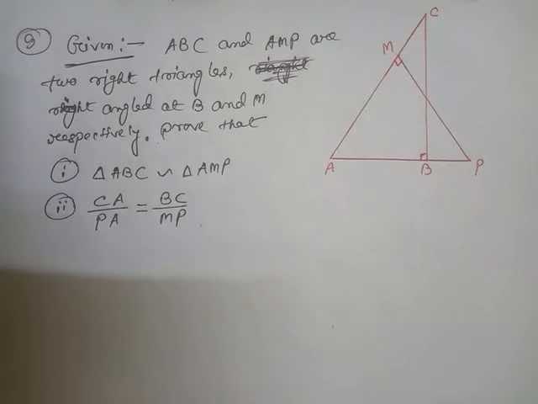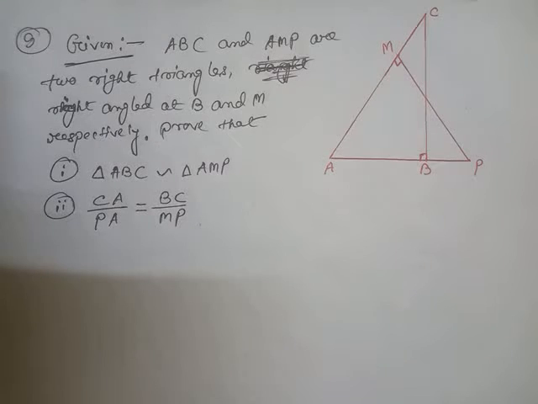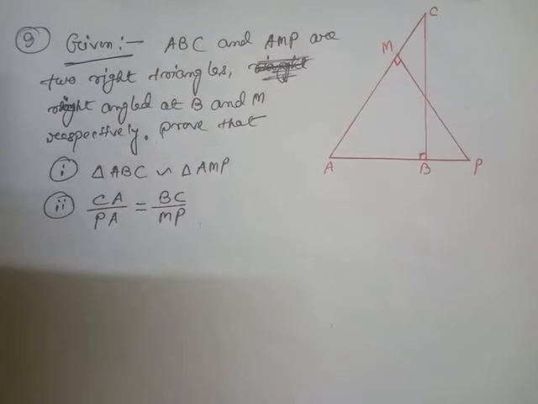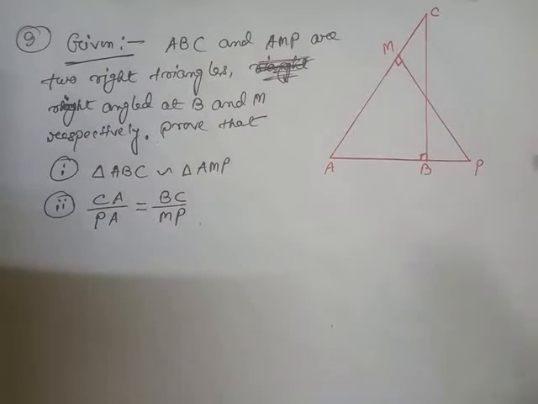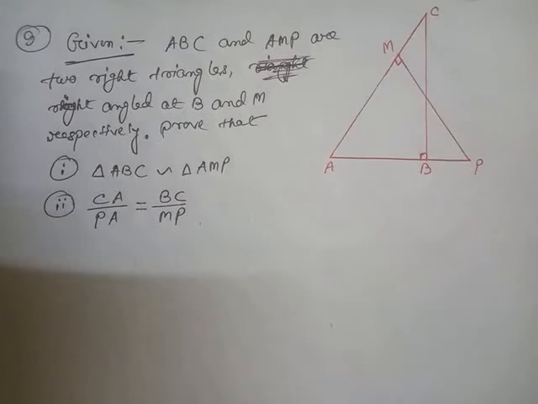Look student, this is the diagram, and for question number 9, the given part I have written from the main book. ABC and AMP are two right angle triangles, right angle at B and M respectively. We have to prove that triangle ABC is similar to triangle AMP, and CA by PA equals BC by MP.